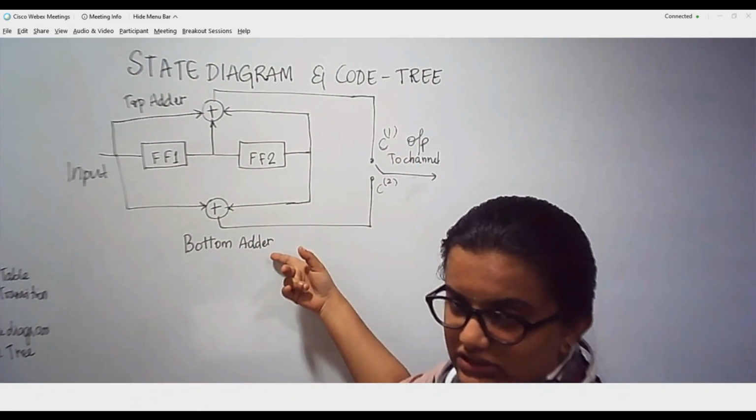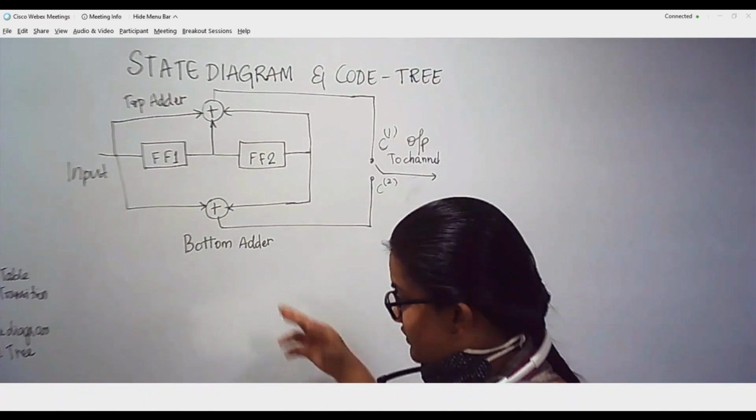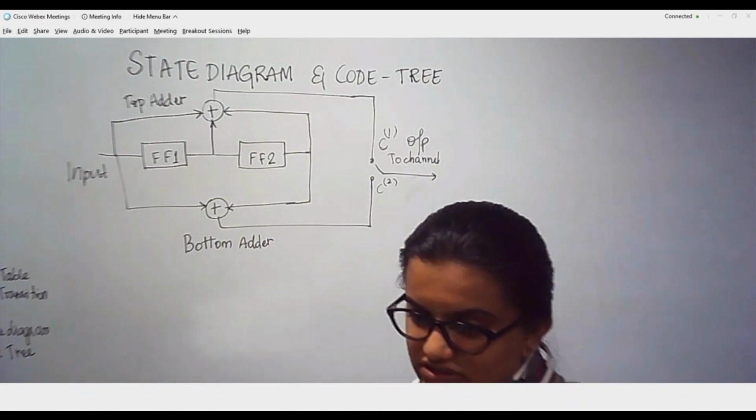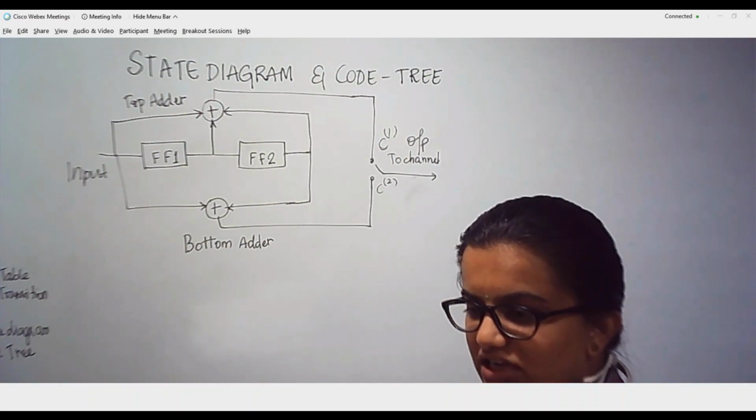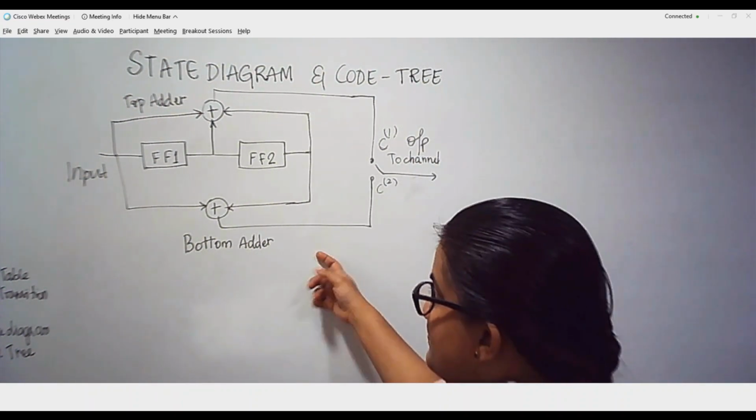I have already drawn a diagram for the convolution encoder. Please take down this problem. Consider the binary convolution encoder shown in the figure.